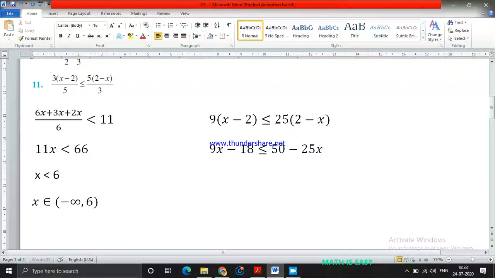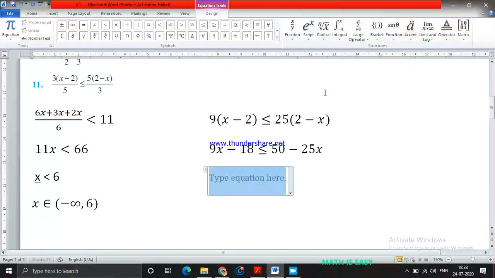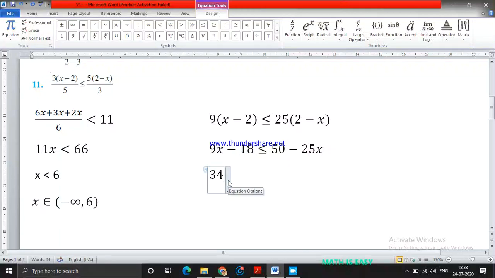Next step, we exchange the terms from right to left. The minus 25x will come this side as plus 25x. 9x plus 25x is 34x, less than or equal to 50 plus 18, which will be 68.